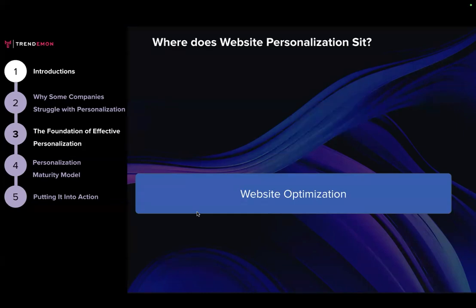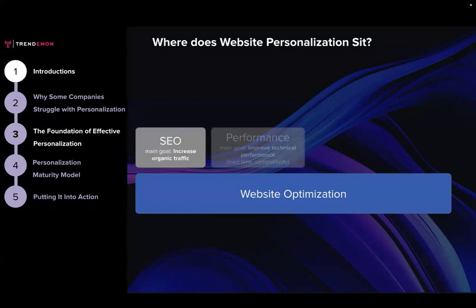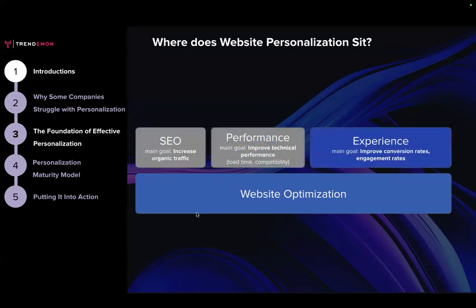So we talked about what is personalization. We talked about why we need it. The last really high level point would be, where is it positioned? So just zooming out a bit, we are talking about the area of website optimization, naturally, which has three distinct disciplines or pillars: SEO for organic search, performance, which means the technical performance of our website, and experience optimization.